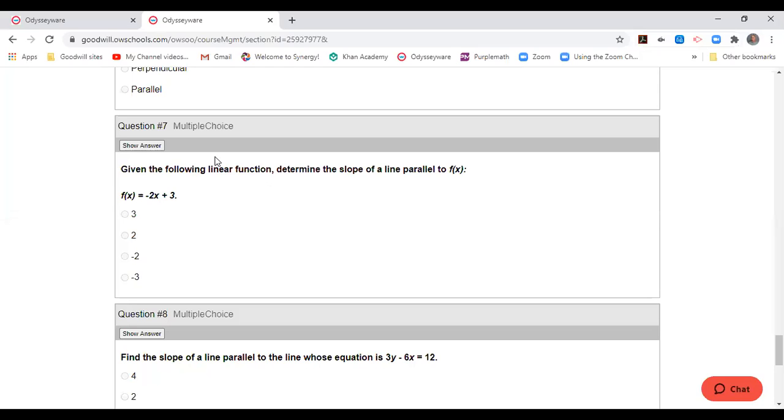Okay, number 7 should be an easy one. What's the slope of the line that's parallel to that function? -2. Yeah, easy. Nothing to do but pick the number right out of the equation. That's right. What are you going to do with number 8 though?